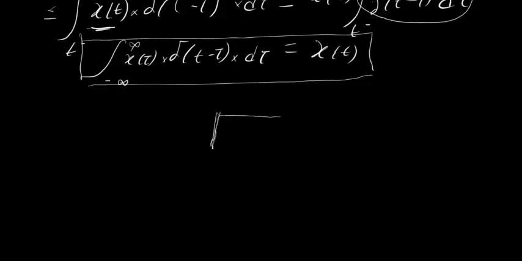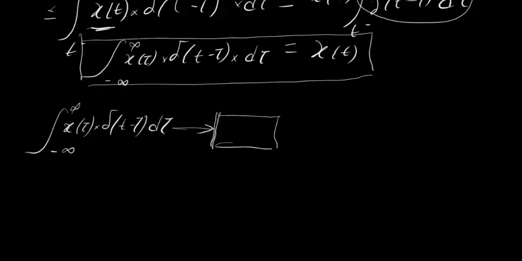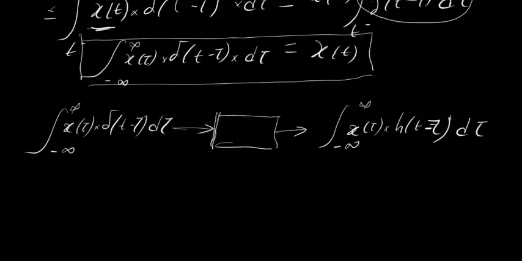All right, so this is my system, and I fed it the integral from minus infinity to plus infinity of x of tau delta of t minus tau d tau. And because my system is linear and time invariant, it gave me the integral from minus infinity to plus infinity of x of tau h of t minus tau d tau.